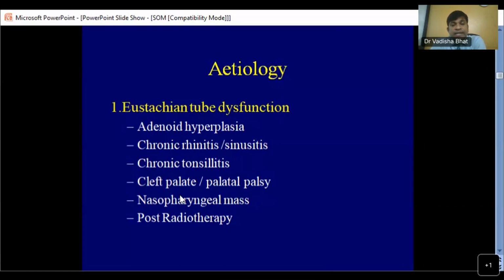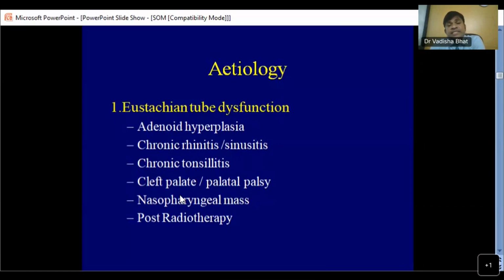The cleft palate and the palatal palsy. Here it is not the obstruction but the inability of the muscles to open the eustachian tube. The opening of the eustachian tube is an active process. The muscles have to act to open the nasopharyngeal end of the eustachian tube.